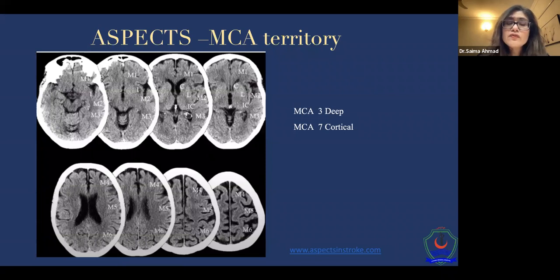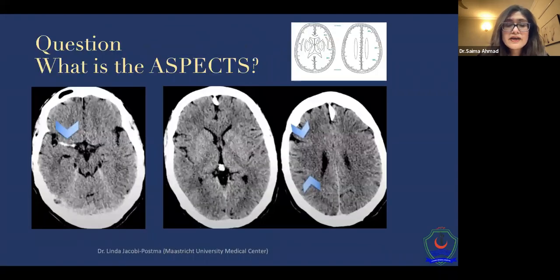When you pick up any hypoattenuation or hypodensity, you are going to subtract it from the 10 points, and that is your ASPECTS score. So here is the question about the ASPECTS scoring. You try to look into these images very closely. You can see that in the first image, there is a dense vessel sign.